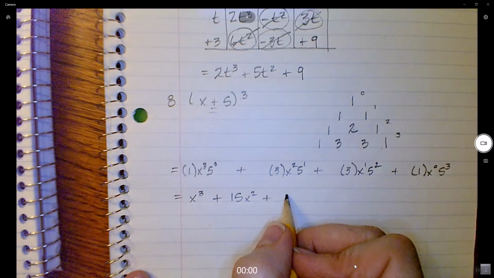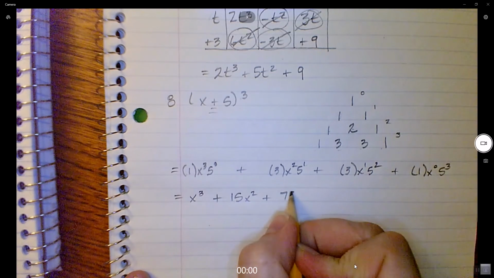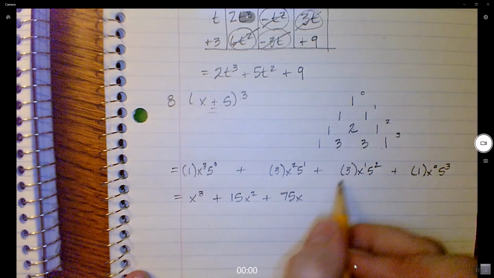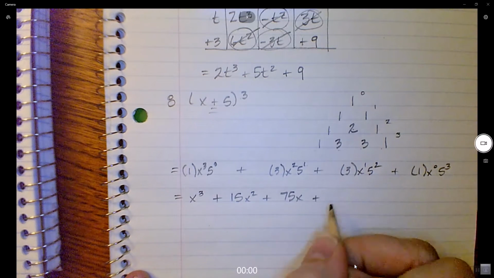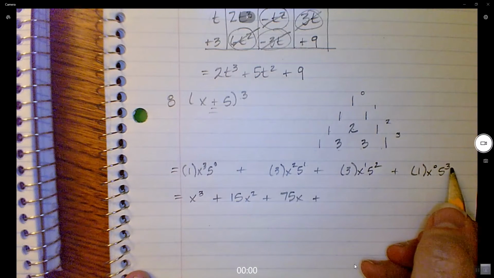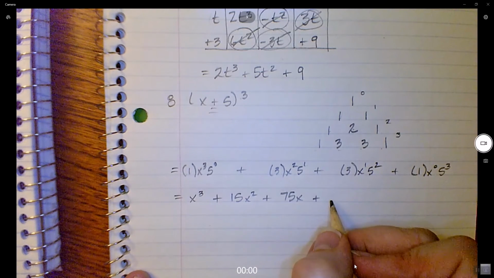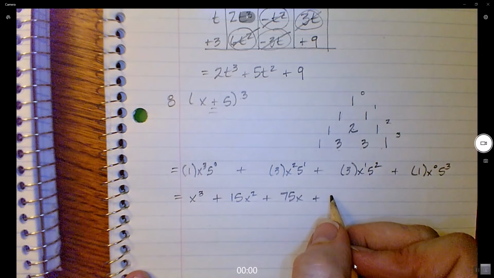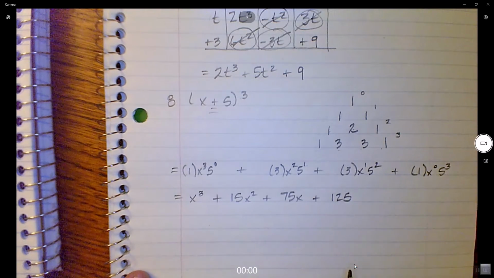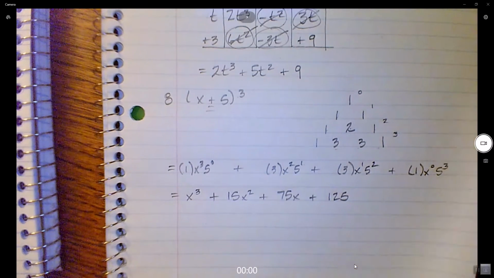Plus 75x, because I have 5 squared, which is 25 times 3, and then x to the single power. And then this is 1 times 5 cubed, which is 125. And I'm done.